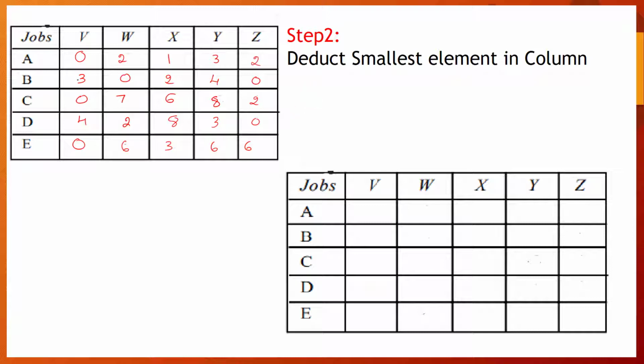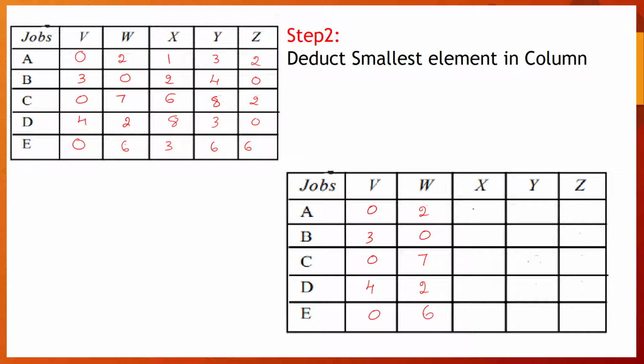In the first column the least is 0, so we can just copy the same column: 0, 3, 0, 4, 0. In the second also 0 is there, so copy the same: 2, 0, 7, 2, 6.